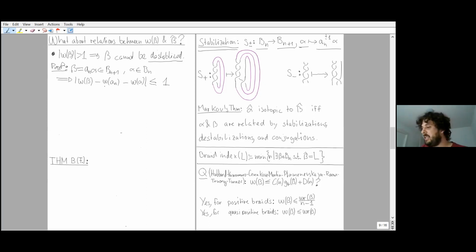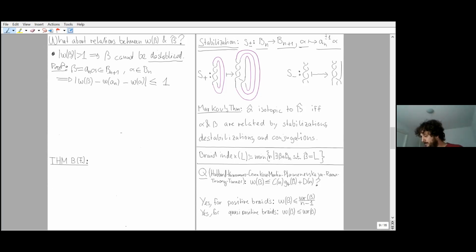Why? This is exactly what I have from the equation for being a quasimorphism. Beta is sigma_n times alpha. So the fractional Dehn twist coefficient of beta minus that of sigma_n minus that of alpha is less or equal than 1 because of this defect property.